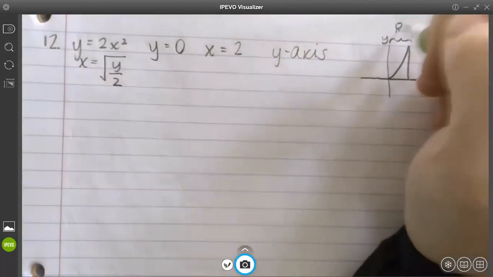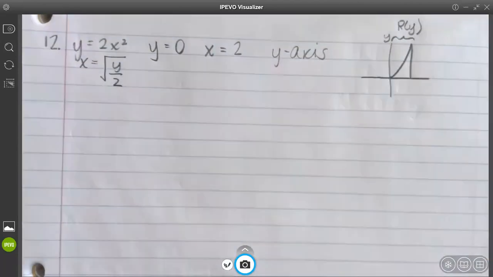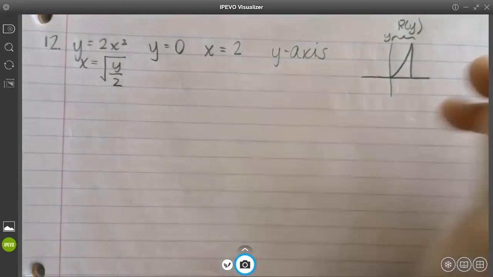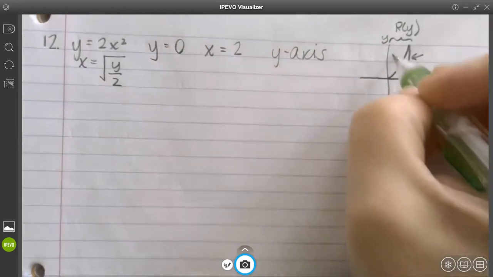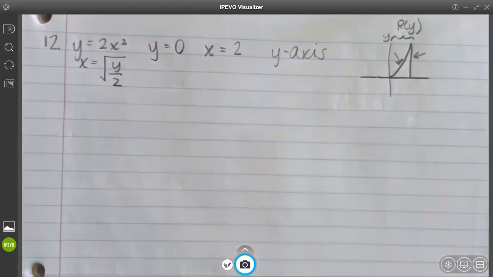This would be your big R of Y. Your little r of y is going to be the thing that's closest. On this one, it has to be left and right. The furthest one away is on the right, so that's over here. And the closest one is this one. Does that make sense? Okay, so the closest to the axis.